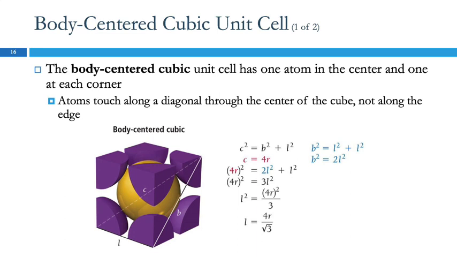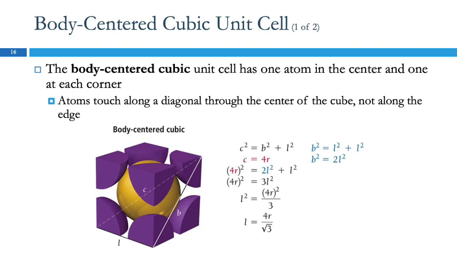Otherwise, it ends up looking like a blob of purple. So there's one atom in the middle, and then we still have an atom centered at each corner. So those purple ones, we know from the previous unit cell, add up to one atom, plus this atom in the middle. So in this unit cell, there are two atoms.